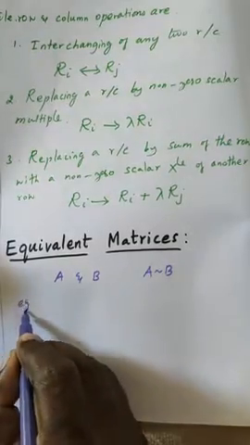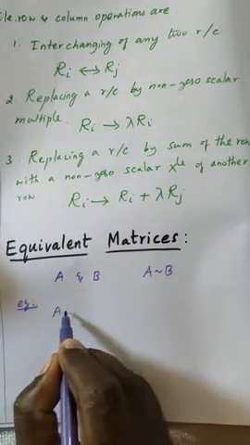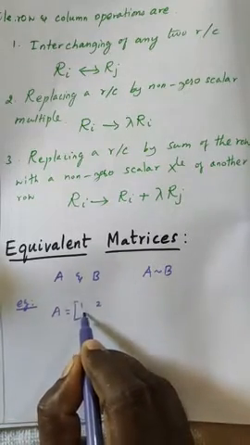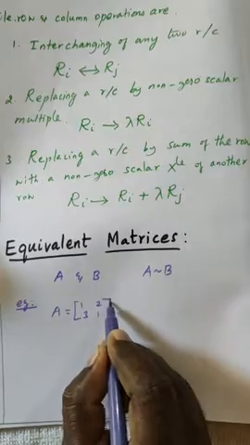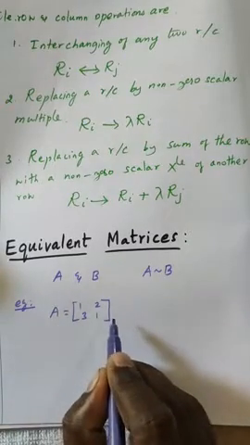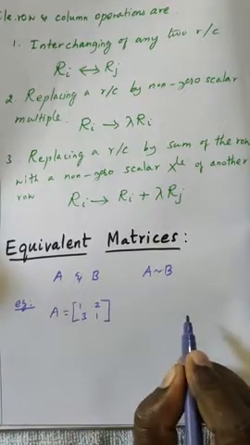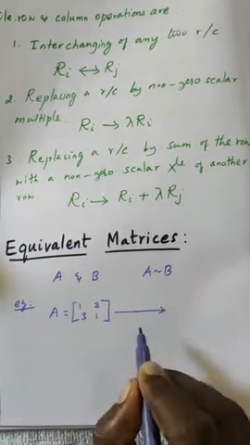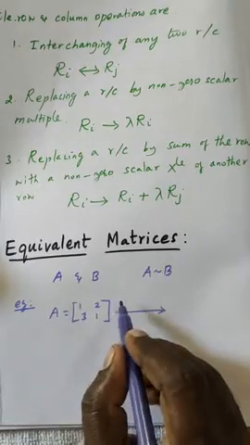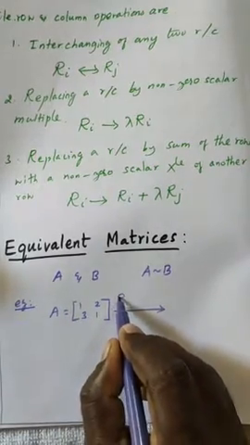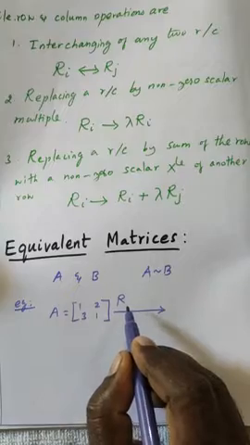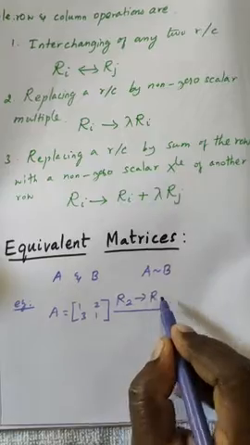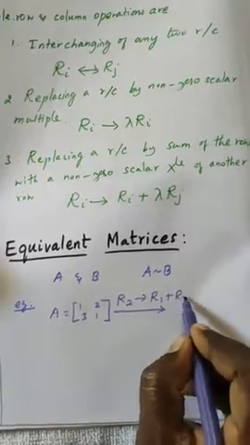For example, consider a matrix A having the elements 1, 2, 3, 1, and we are going to find another matrix B by the elementary transformation. The elementary transformation is replacing row 2 as the sum of row 1 and row 2.